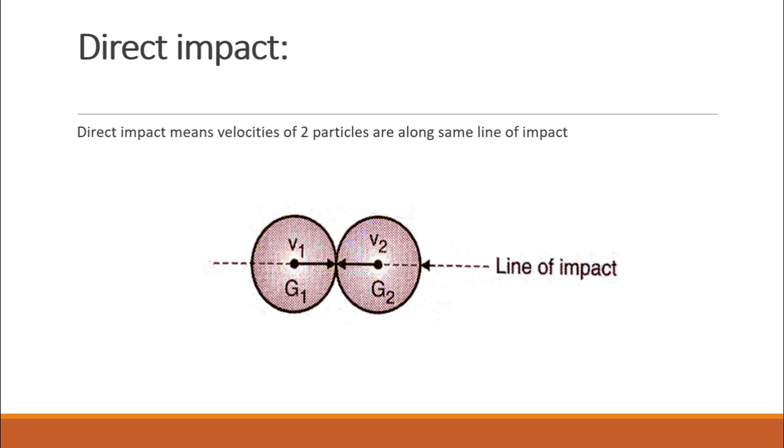Basically there are two types of impact. One is direct impact, the second is oblique impact. Direct impact means particles collide on each other on the same line of impact, or we can say the velocities of both particles are on the same line. That is direct impact.